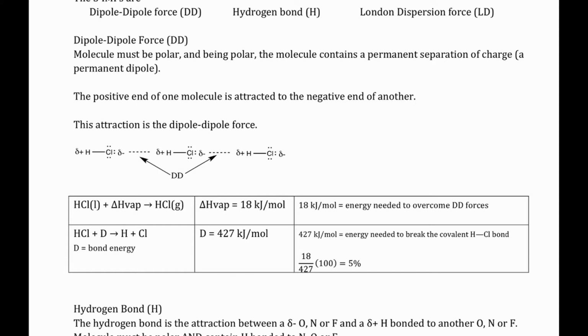So that would be the bond energy of that HCl bond. And the 18 is much less than this 427. In fact, 18 in comparison to 427, that's only 5%, as our calculation there shows.